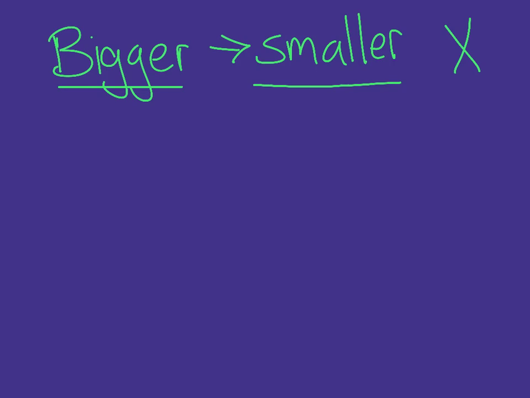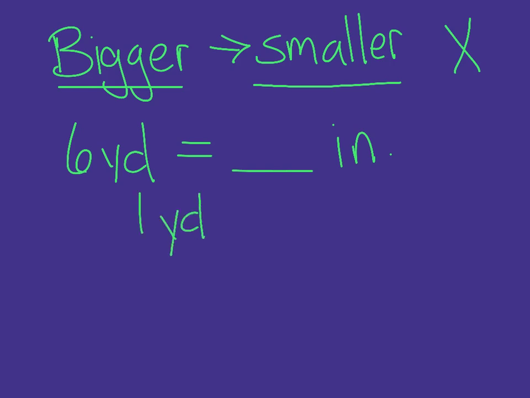So for instance, if I have 6 yards and I want to think about how many inches that is. Well, first I have to think about in 1 yard there are how many inches. Well, if you look back at our chart from the last notes, you're going to notice that there are 36 inches in 1 yard.